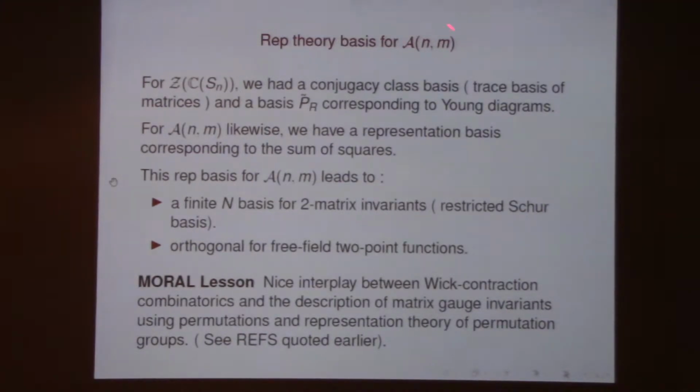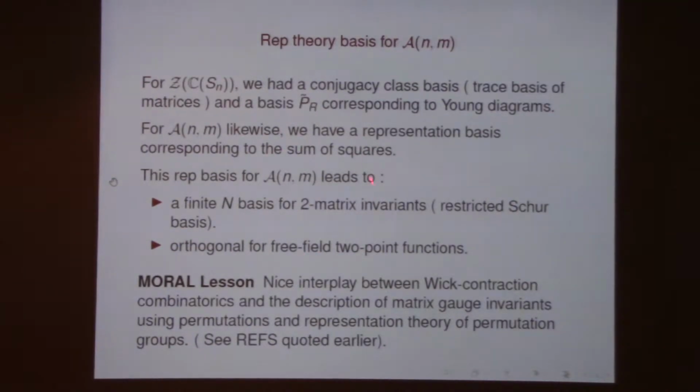So I've convinced you that this algebra is useful for counting gauge invariants of two matrices, both for large N and finite N. It also gives rise not just to counting, but also an explicit basis for these two matrix invariants. Many of you here have worked with restricted Schur, so you will know how to explicitly build this basis, and you also know that these give orthogonal free field two-point functions.